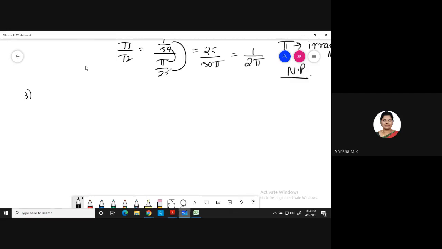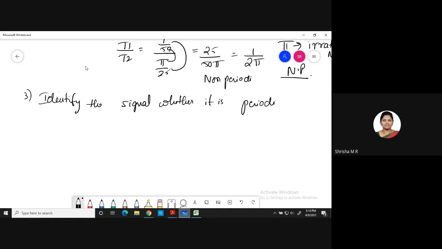So what does NP mean over there? Non-periodic. Non-periodic signal. So I'll write the question, else you will not know what we are doing. First identify the signal whether it's periodic or non-periodic.